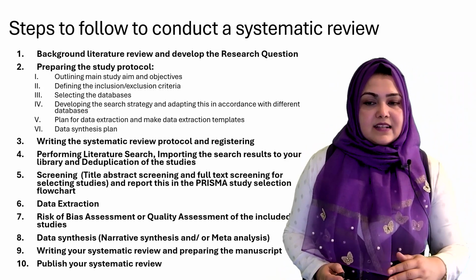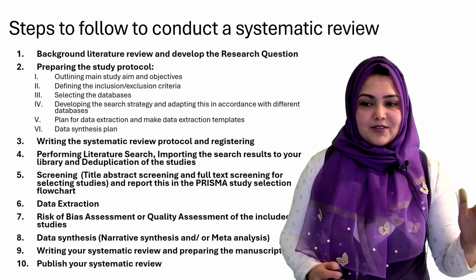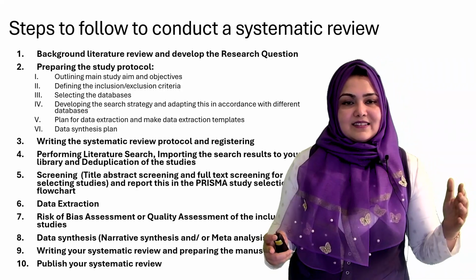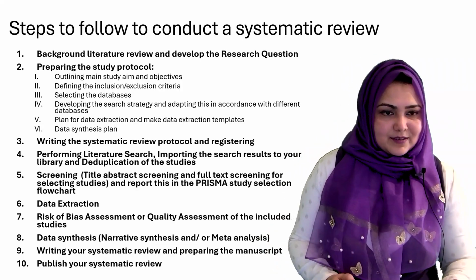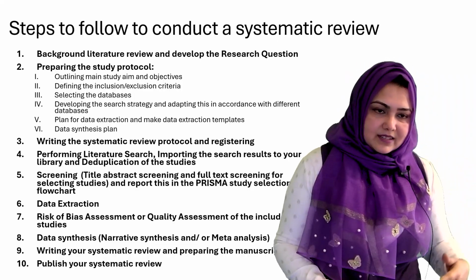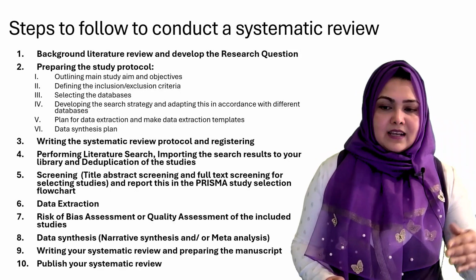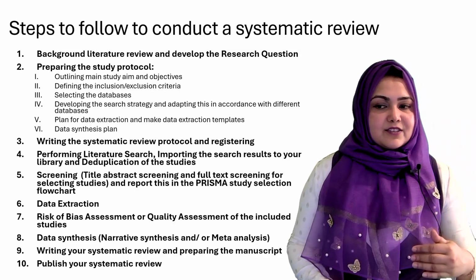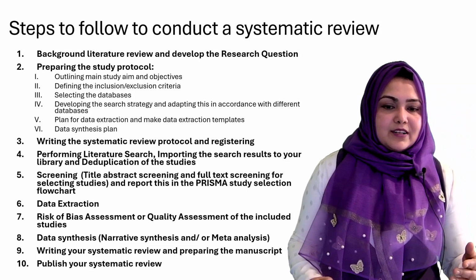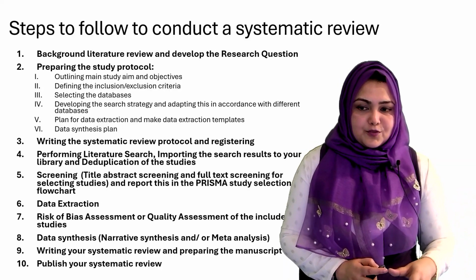After data synthesis, now you have conducted most of the method sections, and your results tables are ready. Your result is ready, so it's the time for writing up your systematic review, where you will write the background section, method sections that you conducted, study result, tables of the result, tables and figures of the risk of bias assessment, and then you need to prepare your manuscript based on the journal that you are targeting to publish.